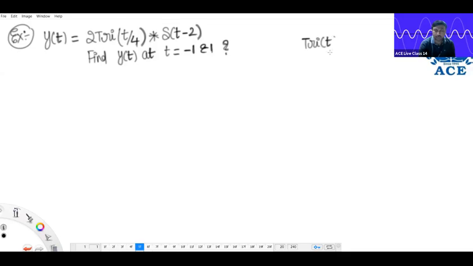Simply tri of t means we have taken the triangle from minus 1 to 1. Convolve with impulse at 2. Tell me what is y of t at minus 1 and 1.